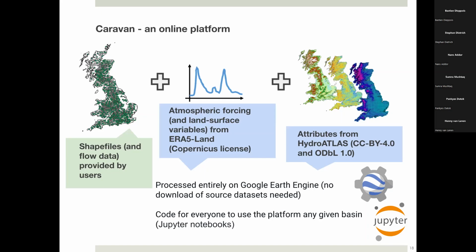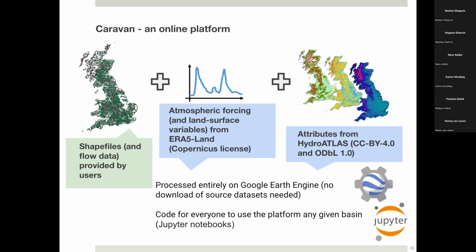And for the attributes, we use the global dataset HydroATLAS, which is part of the HydroSHEDS family of products created by Bernhard Lehner and his team at McGill University in Canada.